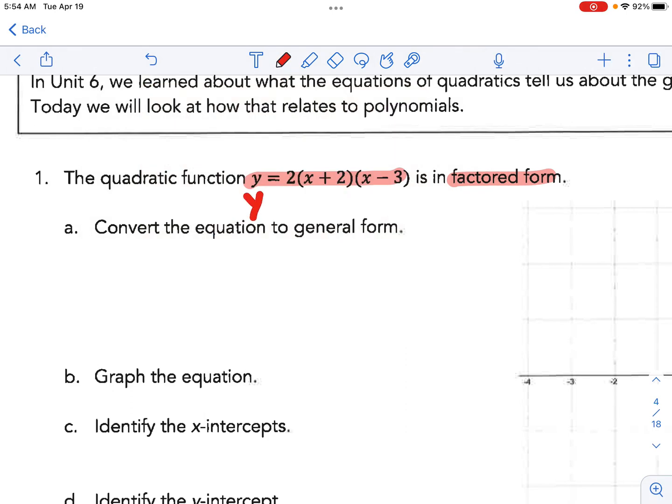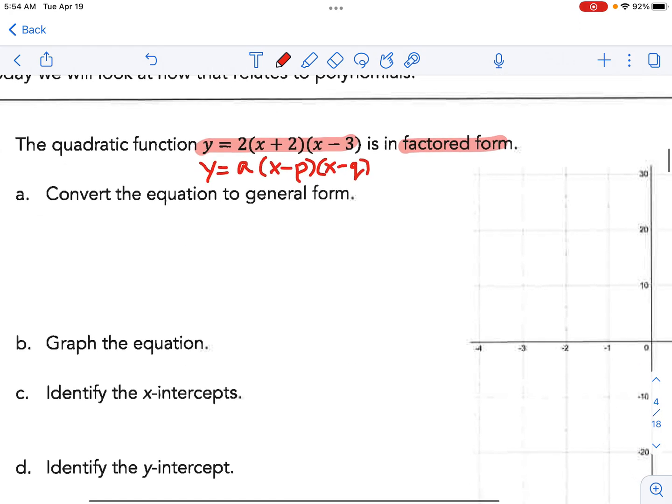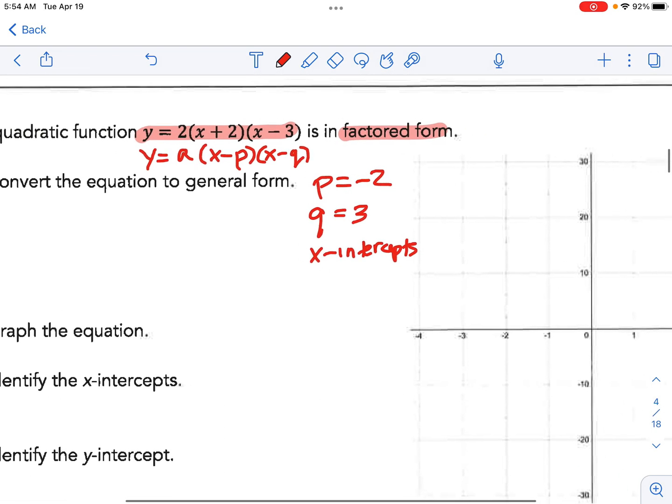If we remember what that means, it's written as y equals a times (x minus p) times (x minus q), where the p and q are the intercepts. If p is -2, because x minus p would have to be written as x minus a -2, and q is 3, those are the x-intercepts.